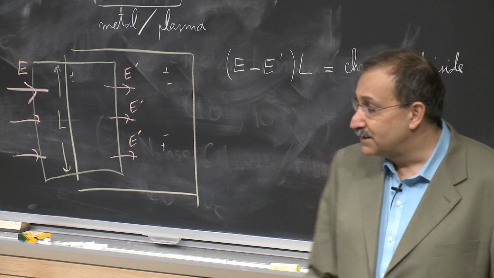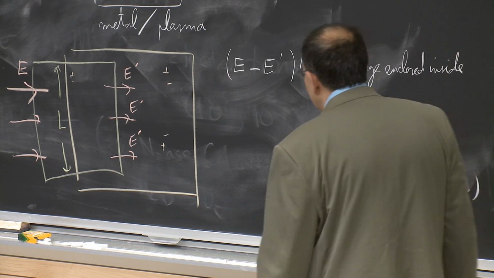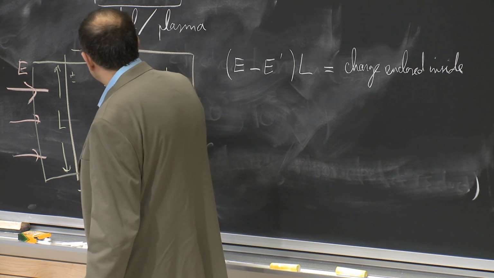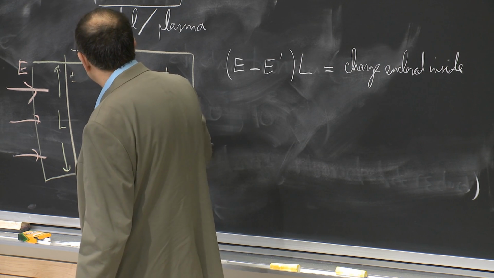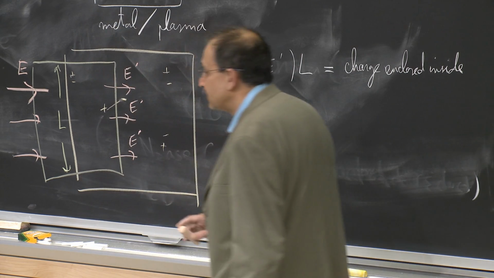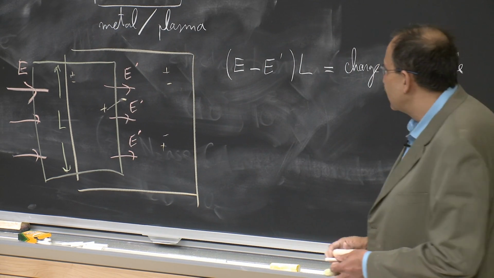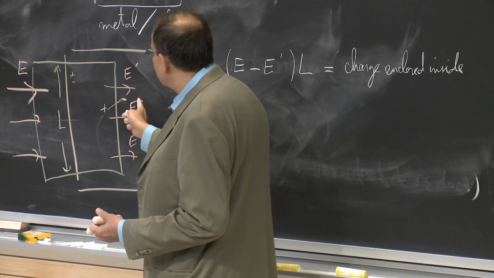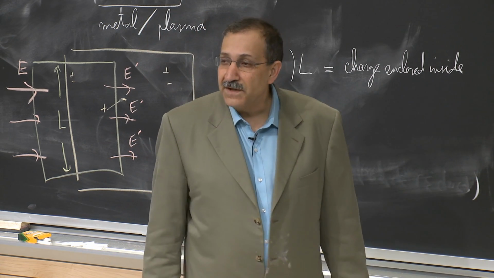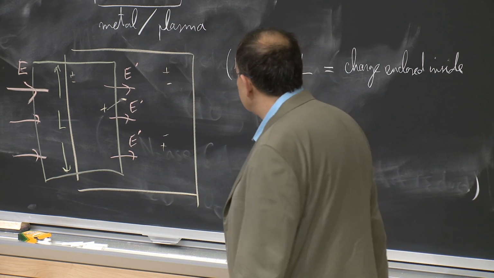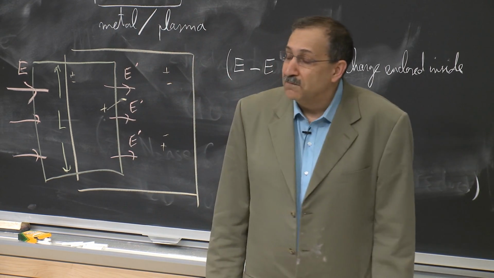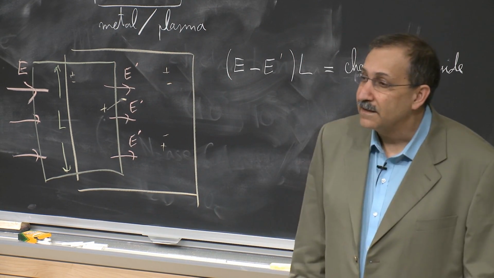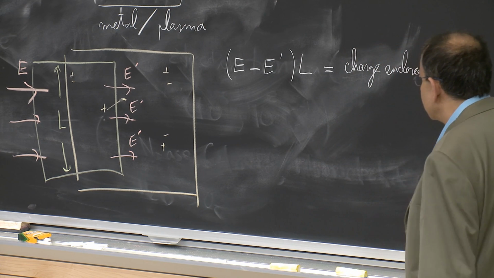So the only place that you get a net charge is those dipoles that happen to be sitting right at the boundary. Okay? And then I have to count how many of them are inside, and some of them will have the plus inside, and some of them will have the minus inside, and then I have to calculate the net.